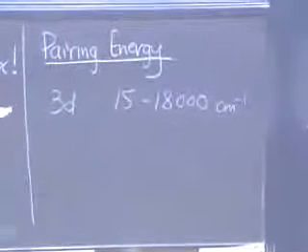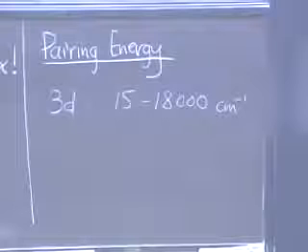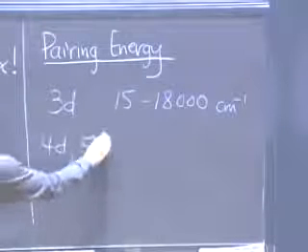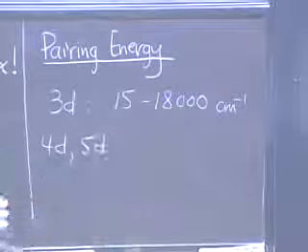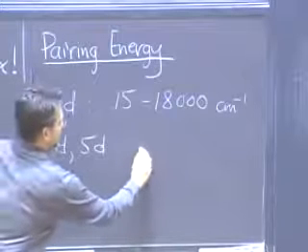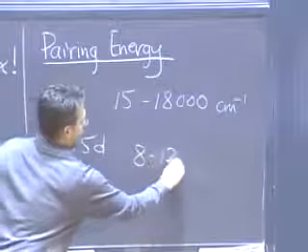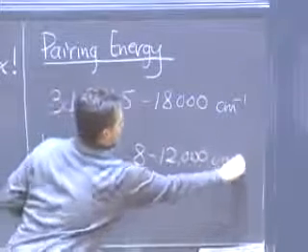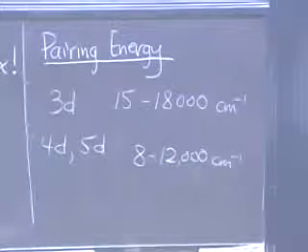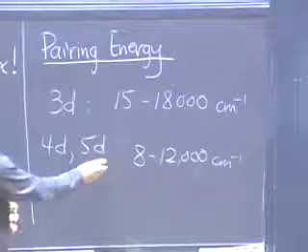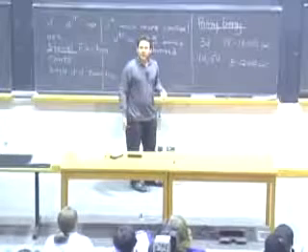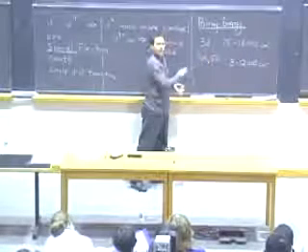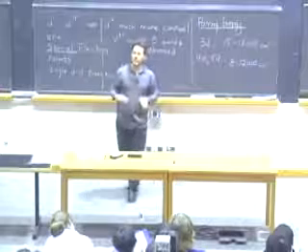But if we go to heavier transition elements, the 4D or the 5D elements, then typically the pairing energy is about 8 to 12,000 reciprocal centimeters. And what that says is that it's easier to pair up electrons in 4D or 5D orbitals than it is to put 2 electrons in the same 3D orbital.